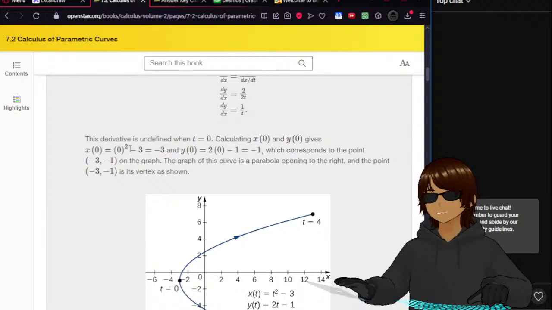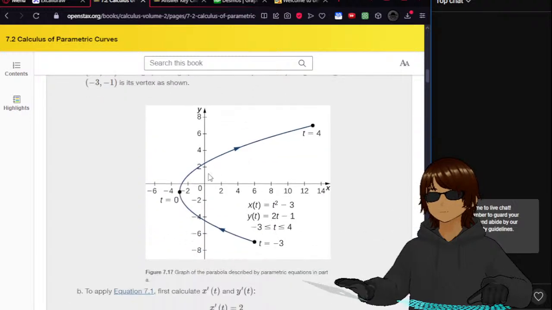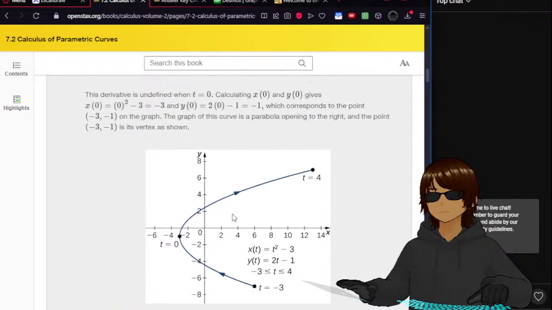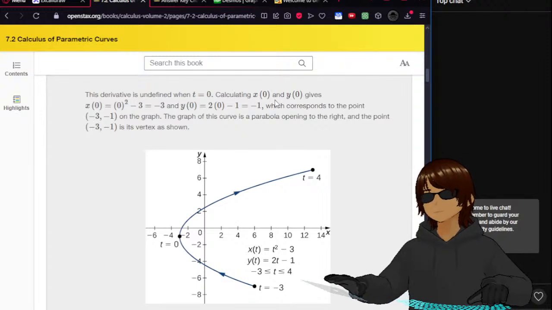Calculating x(0) and y(0) gives x(0) equals 0 squared minus 3, which is minus 3, and y(0) is equal to minus 1, which corresponds to the point (minus 3, minus 1) on the graph. The graph of this curve is a parabola opening to the right, and the point (minus 3, minus 1) is its vertex as shown.